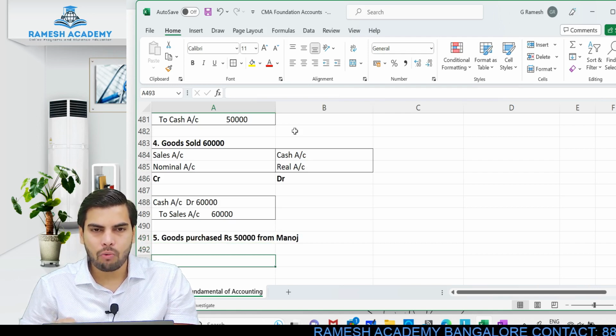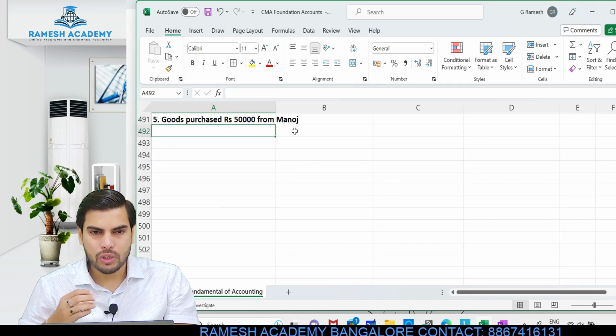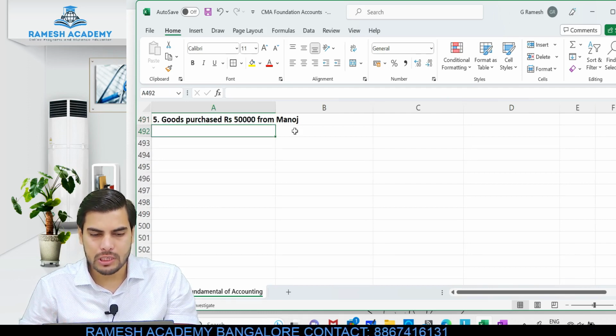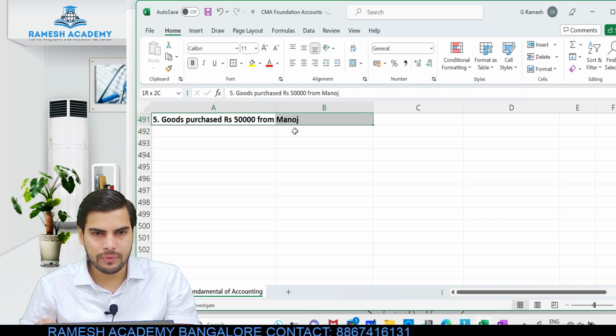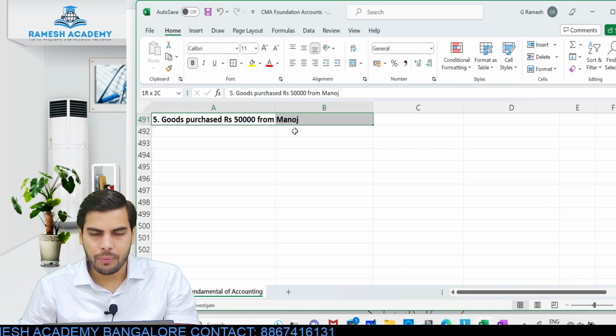Let us understand what exactly will be the accounts which will get affected because of this transaction. Look at this. I am purchasing the goods. Am I paying the cash immediately? No. So cash is nowhere involved in this transaction. Don't get confused. Just because I am mentioning the value as 50,000, it doesn't mean that 50,000 rupees was paid. I am just purchasing the goods from Manoj. The value of the goods which I am purchasing is 50,000.